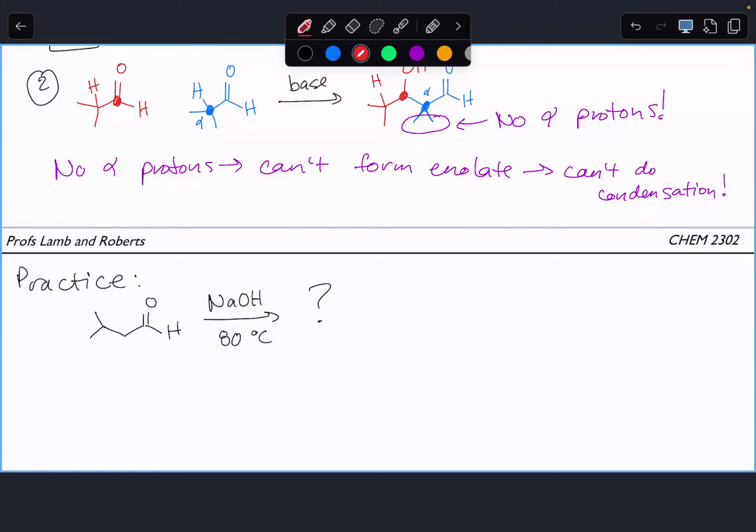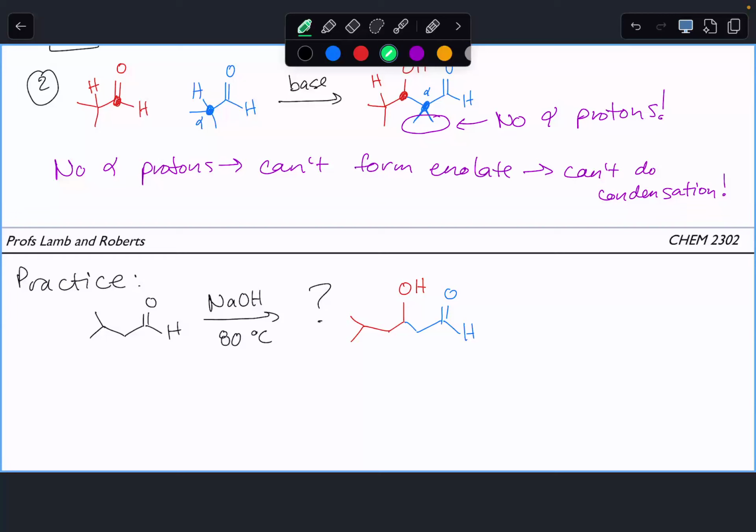So again, if I'm going to draw a product using an aldehyde as an electrophile, I know that that aldehyde is going to form an alcohol, and my nucleophile is going to be attached here. Okay, what is my nucleophile? My nucleophile is an enolate. So what does my enolate look like? It's going to react at the alpha position.